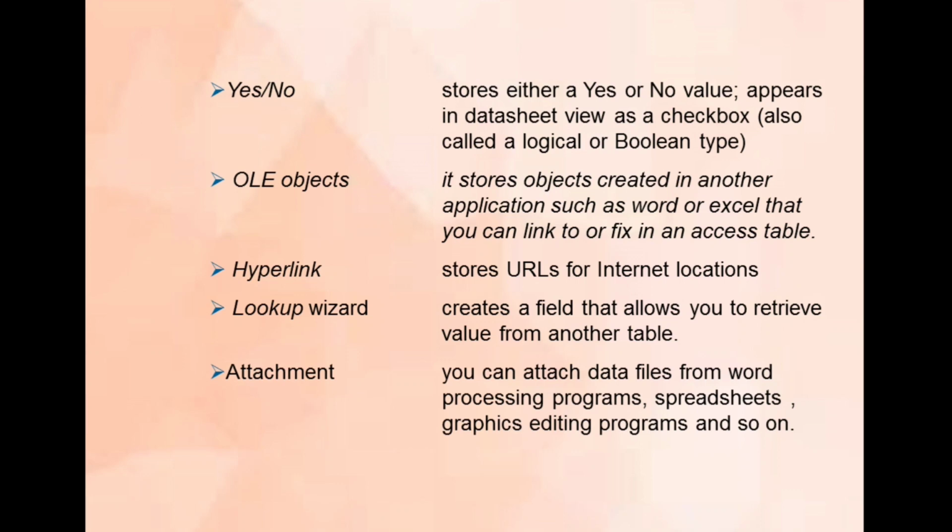It can also be used to set up a multi-valued list. Last is attachment. You can attach data files from word processing programs, spreadsheets, graphics editing programs and so on.